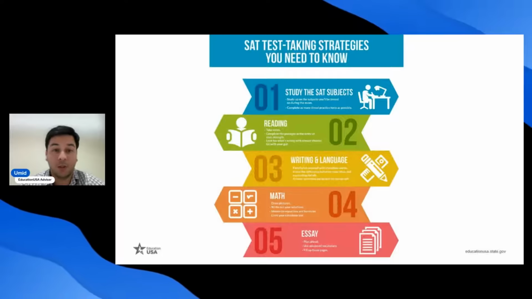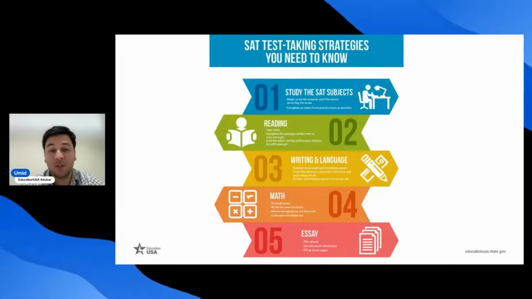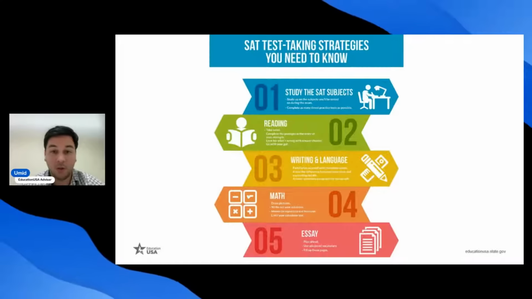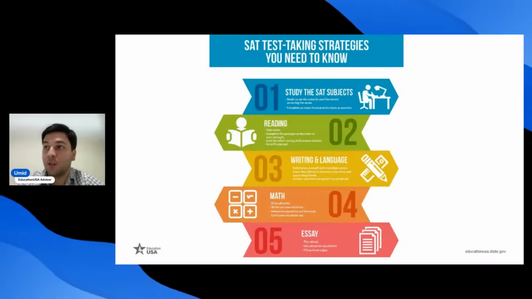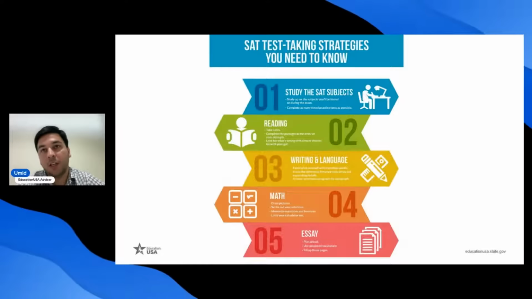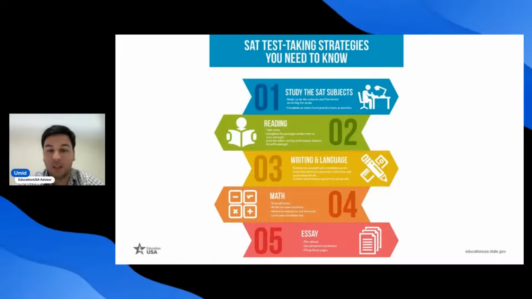Now let's move to the SAT and ACT test-taking strategies you need to know. First, you need to identify if you need to study the subject test. If you're aiming for biology or chemistry, you need to take these subject tests, which are provided by SAT and ACT.